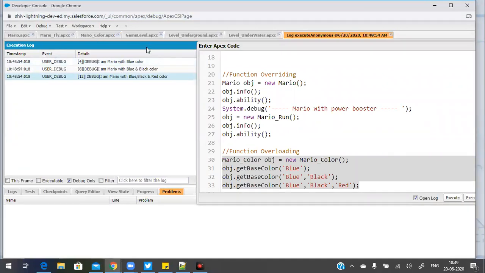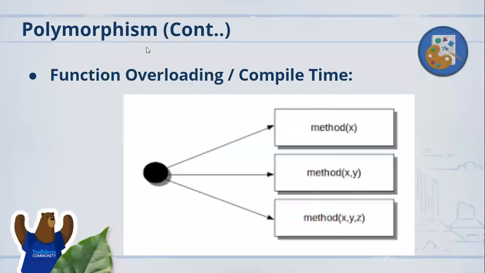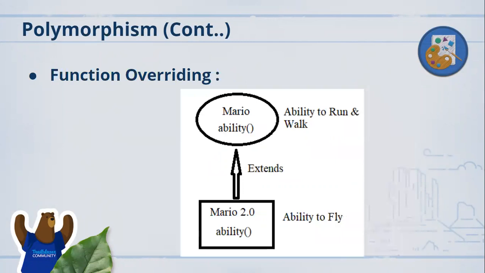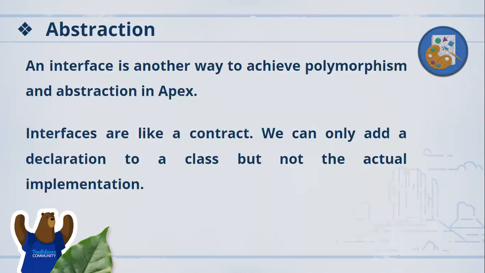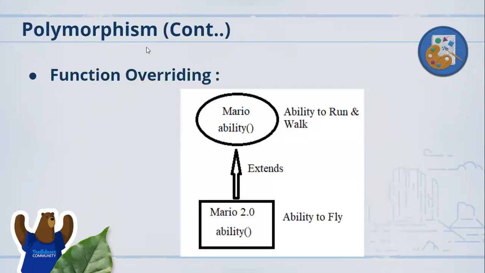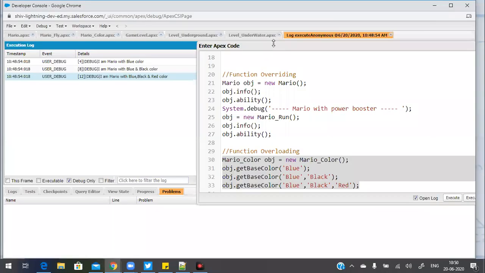Now let's see function overriding. Function overriding is simply defined at runtime basically, whereas on compile time, it will check which function needs to be called. So that is called function overloading, sorry, function overriding. So let's take an example of function overriding.